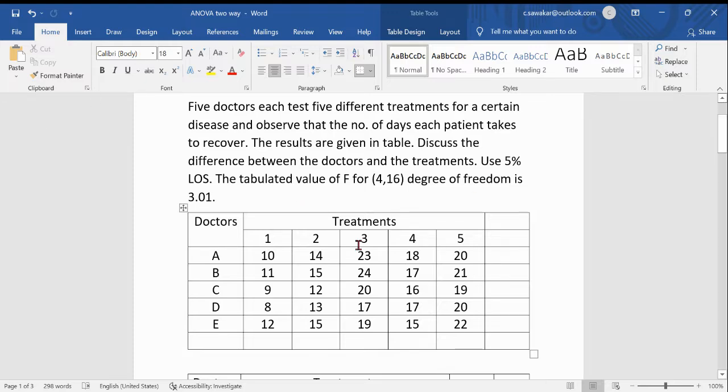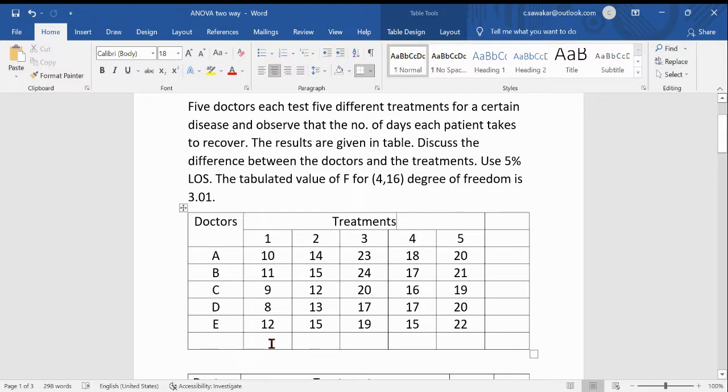Next, the level of significance is also mentioned. In this case there are five treatments in total and five doctors in total. So 1, 2, 3, 4, 5 are my columns, and A, B, C, D, E are my rows.